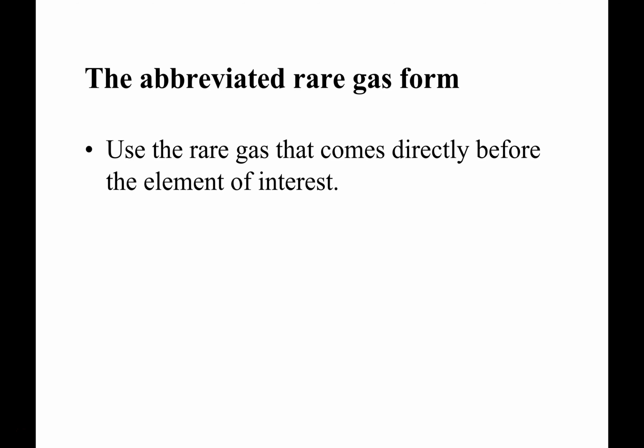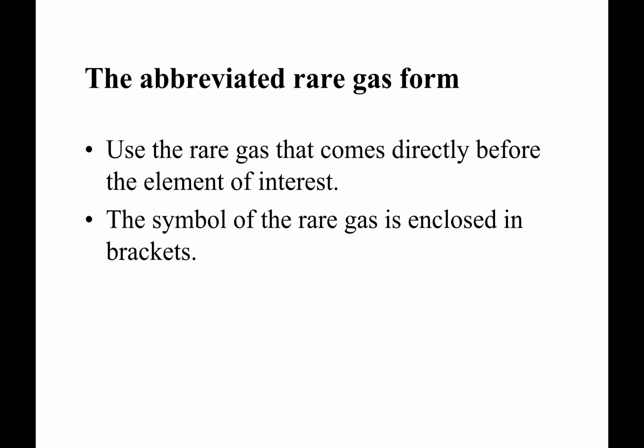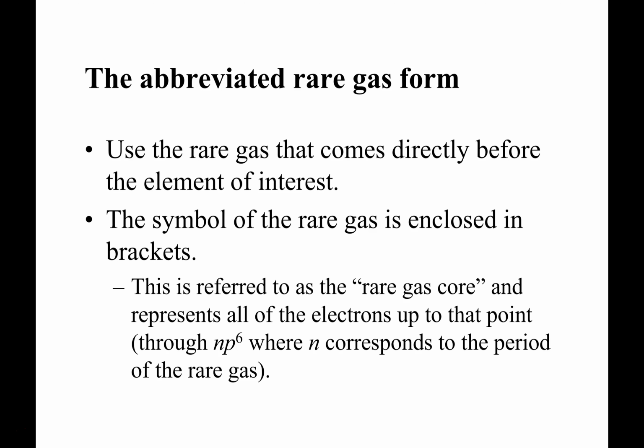So I would think it would be wrong for iodine if you went back to argon, put argon in brackets, and did the electrons beyond argon, because it really should be krypton. Put the symbol of the rare gas in brackets. And you know that you've reached a rare gas if you end up with np6 electrons in your configuration.